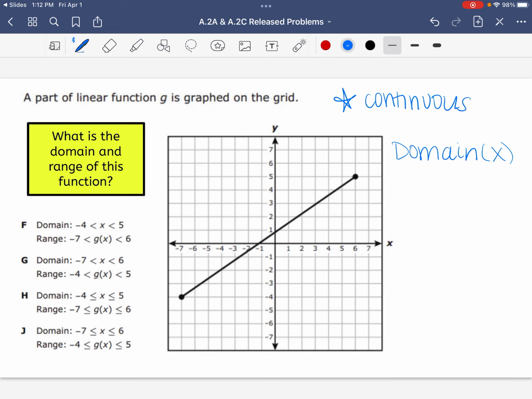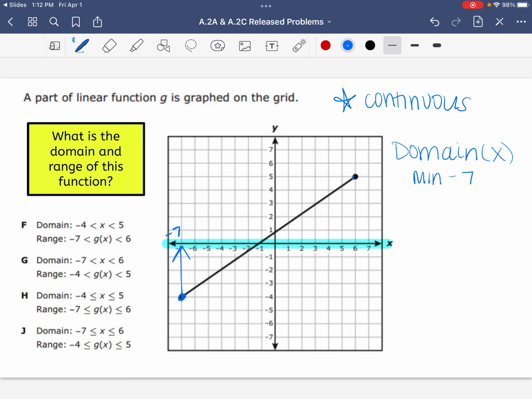And so my minimum point right here, farthest to the left on my x-axis, well, if I look up, that has an x value of -7. So the minimum x value is -7.